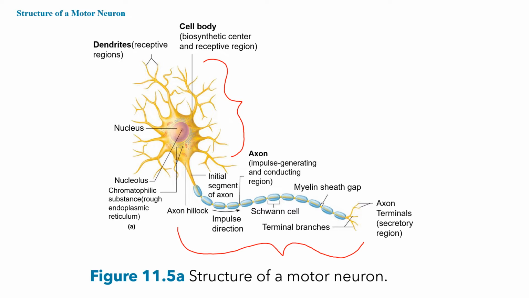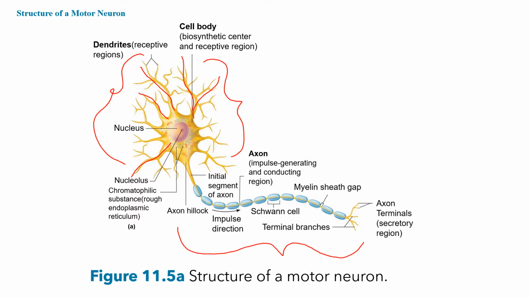So what's going to happen is neurons, these cells, are going to receive input from another part of the body, and they're going to receive input on these structures called the dendrites. The dendrites are all of these little areas that branch out and are going to touch other nerves and receive input.